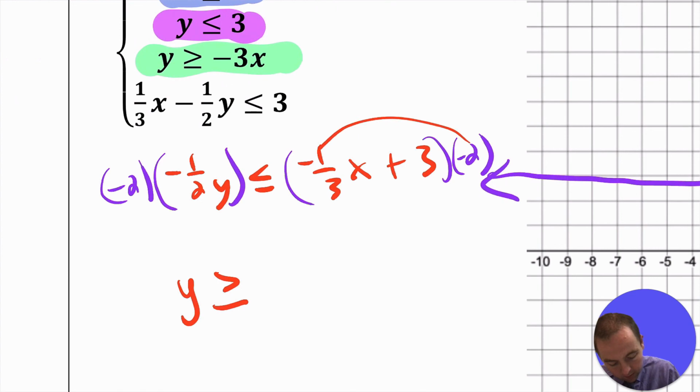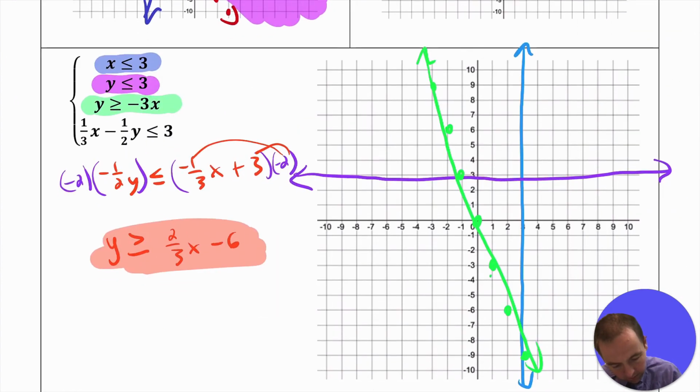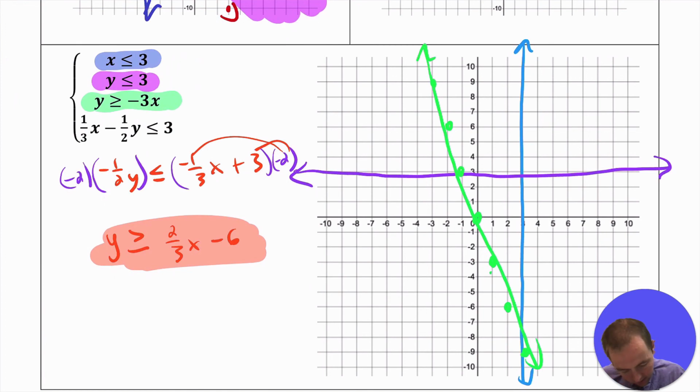And then negative 2 times that is 2/3 x, and negative 2 times that is minus 6. So we end up with this, which I'll do in this orangish sort of color. And so minus 6 is there, and then up 2 over 3, up 2 over 3, just kind of like that. Also going to be a solid line because it could be equal to.